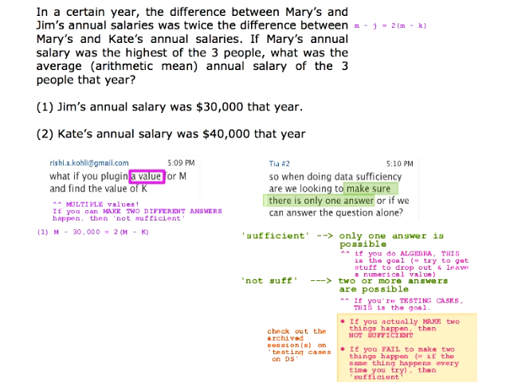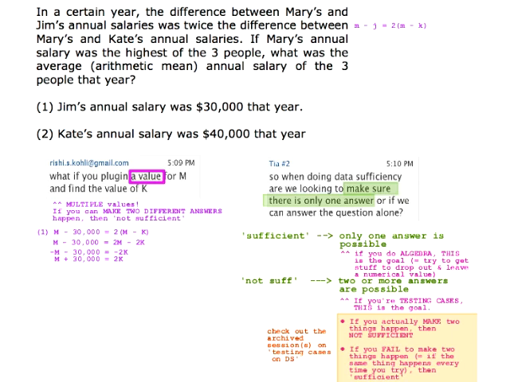We can rearrange that: M minus 30,000 is 2M minus 2K. Subtract M, so minus 30,000 equals M minus 2K. So M plus 30,000 is 2K, and M is 2K minus 30,000.